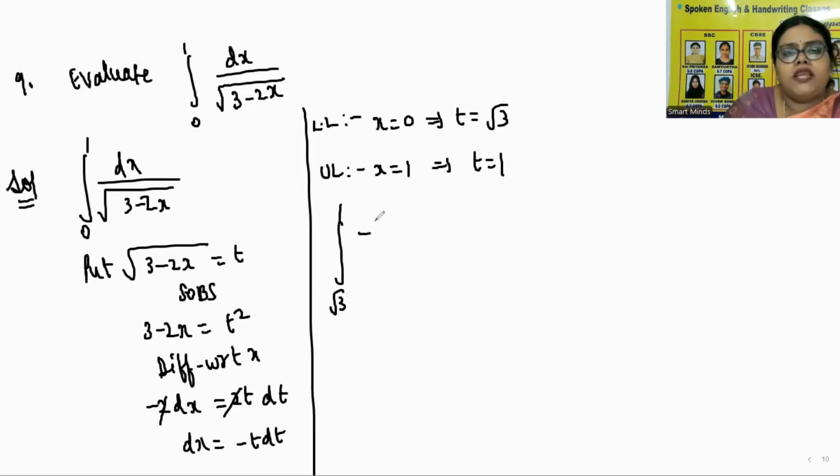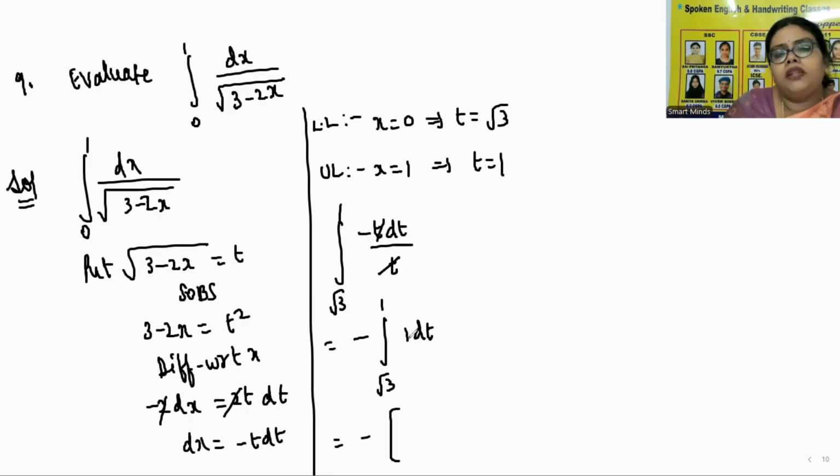In the place of dx, we will write minus t dt by t. The t's get cancelled. That is minus integral root 3 to 1 dt. Now apply the limits. First you write upper limit minus lower limit. If you take this minus inside, you will get root 3 minus 1. This is the answer.